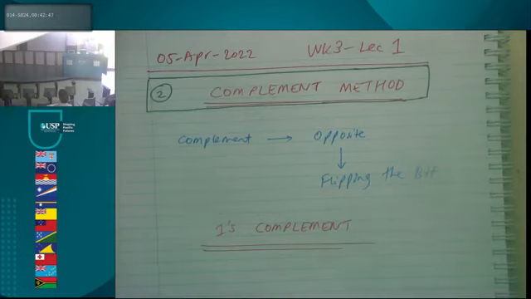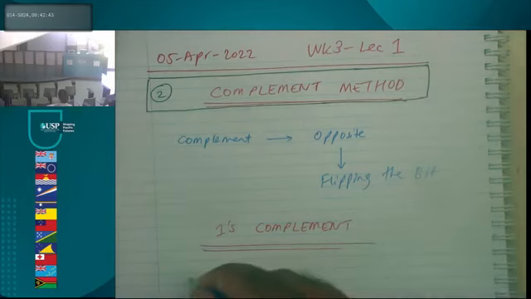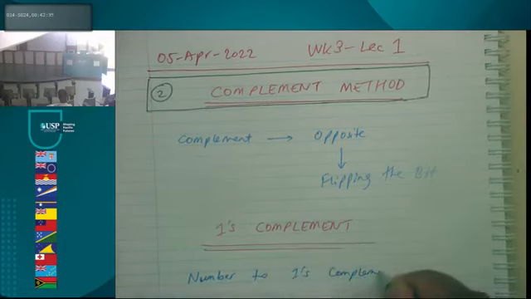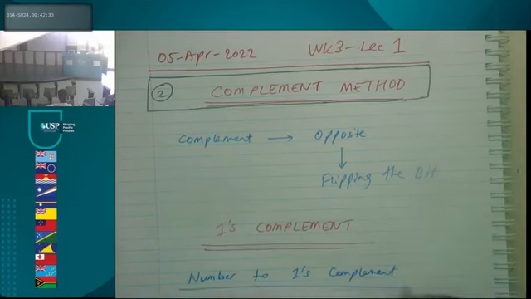Now, we want to convert a number to the one's complement system. Just like how we had the sign and magnitude system, this is another system, the one's complement system.